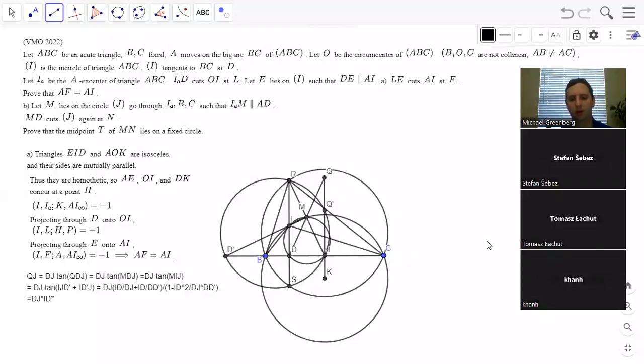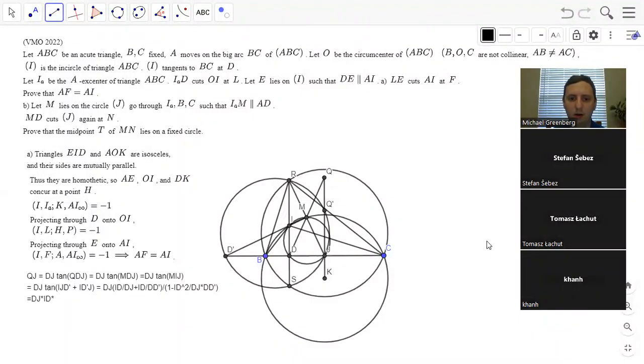So basically, we will have that RSJQ prime is an isosceles trapezoid. And observe also that I and S are just reflections about BC. So JI is JS, and also since we have an isosceles trapezoid, then RQ prime is equal to JS.